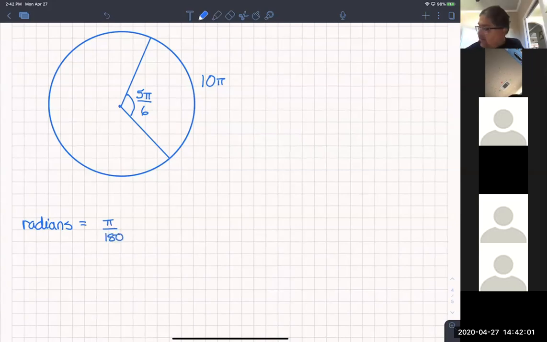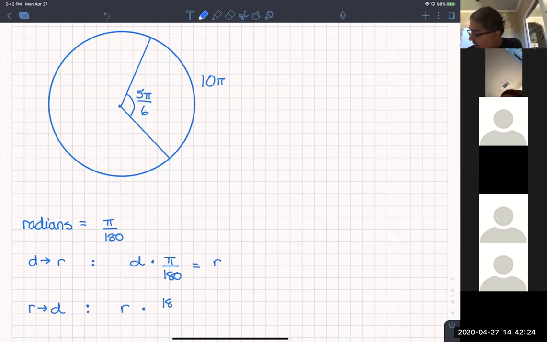So if I want to go from degrees to radians, I take the degrees and multiply by pi over 180, and I'll get the radians. If I want to go from radians to degrees, I take the measure in radians and multiply it by 180 divided by pi.